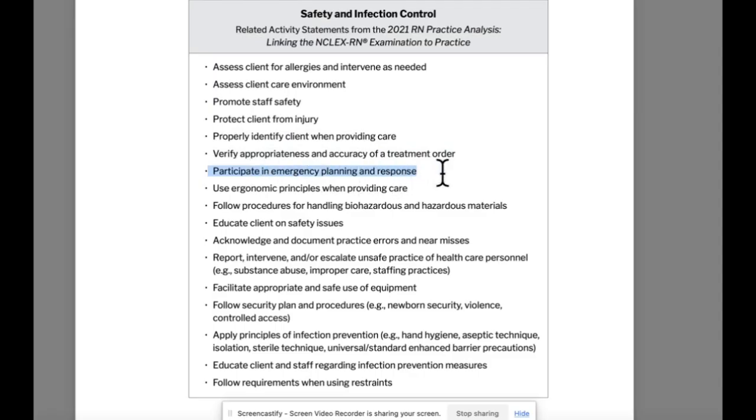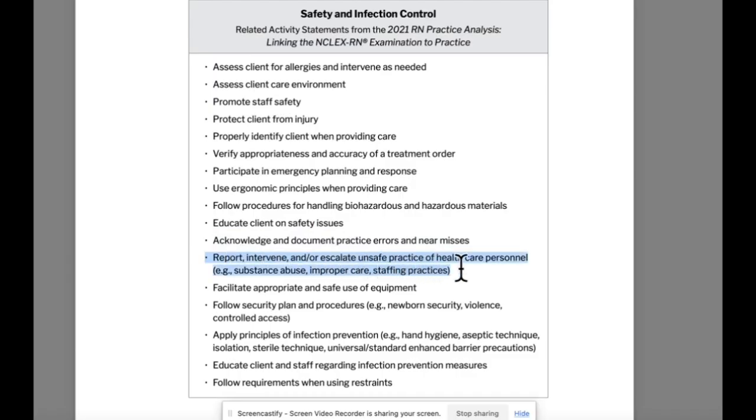Participate in emergency planning and response. Use ergonomic principles when providing care. Follow procedures for handling biohazardous and hazardous materials. Educate the client on safety issues. Acknowledge and document practice errors and near misses.